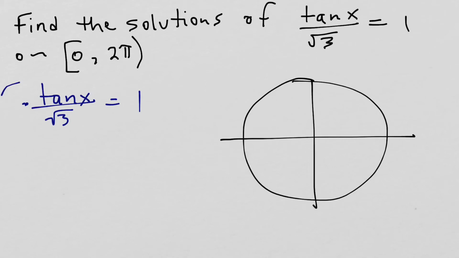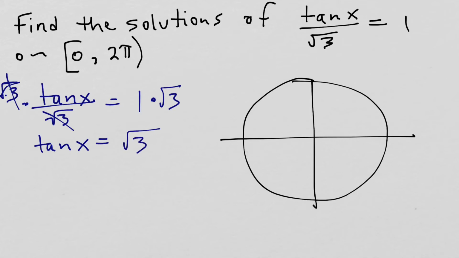So I'm going to multiply by √3 on both sides, so I can isolate my tangent of x. So I'll have tangent of x is equal to √3. So that means the sine of x over the cosine of x is equal to √3, or √3 over 1.